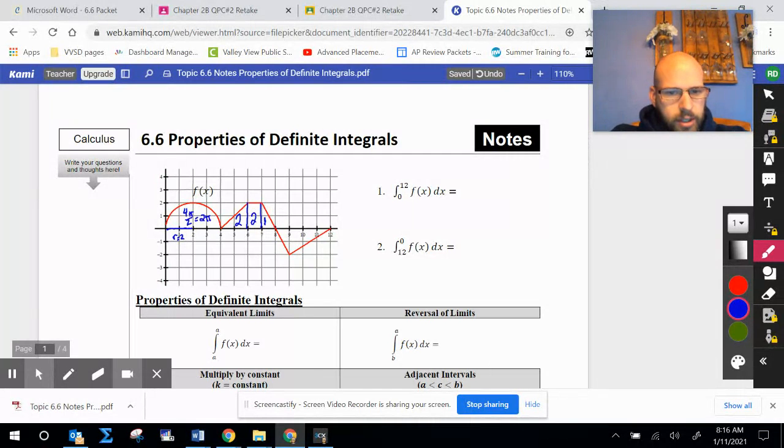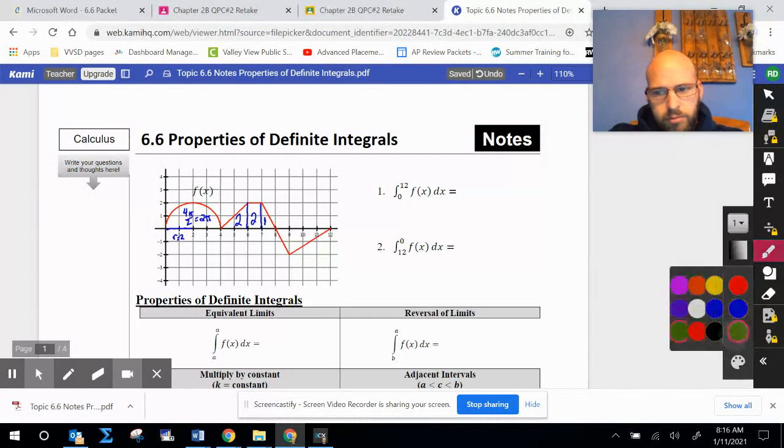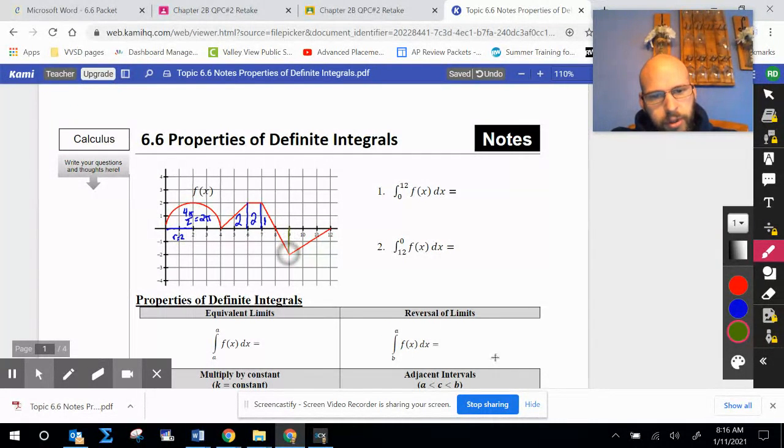All right. I'm going to keep going. I'm going to now switch colors because I'm going to go below the x-axis. So 1/2 base times height. This would give me a -1 because it's below the x-axis. And then I have a base of 3, height of 2. So that would give me a -3.